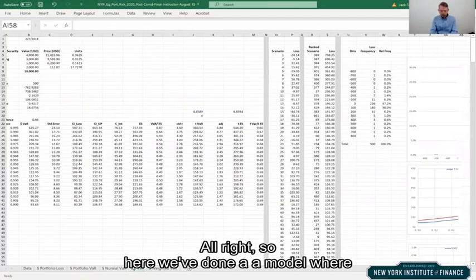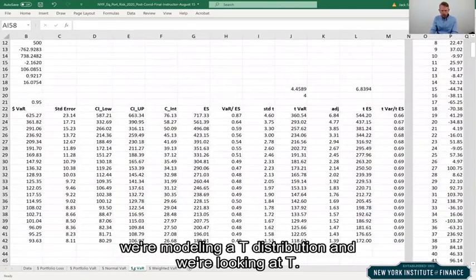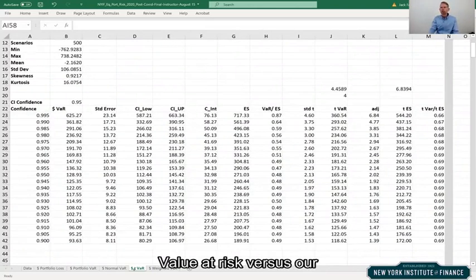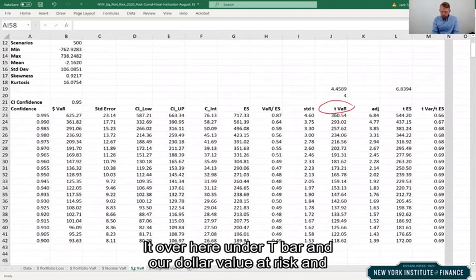So here we've done a model where we're modeling a t distribution, and we're looking at t value at risk versus our portfolio value at risk.